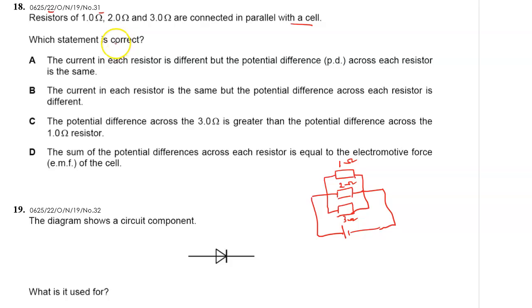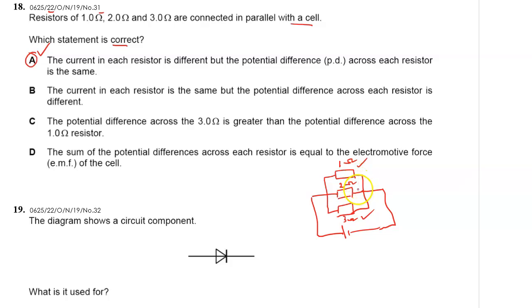What statement is correct? The current in each resistor is different, but the potential difference across each resistor is the same. That is correct. Without even going to the other multiple choice, more current will pass through the 1 ohm resistor because it's offering least resistance, and less current will flow through the 3 ohm resistor because it has more resistance.